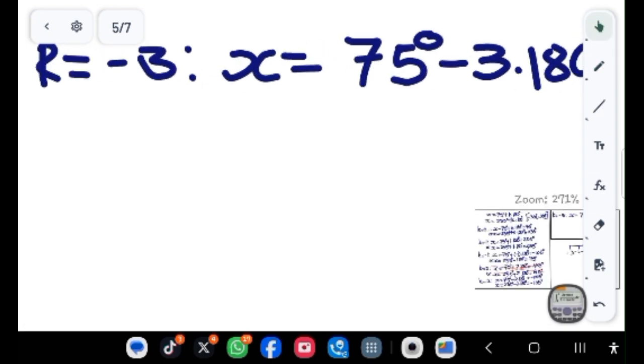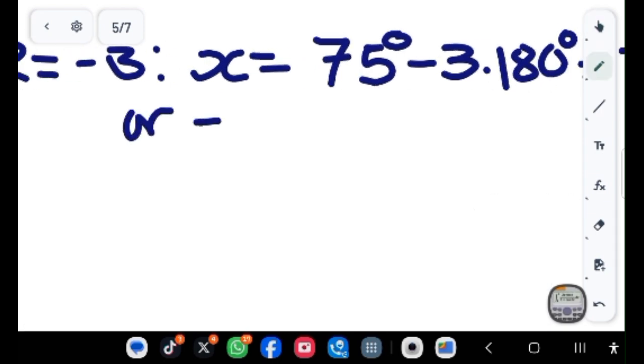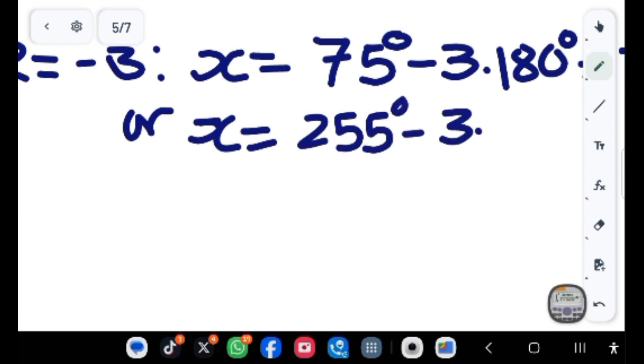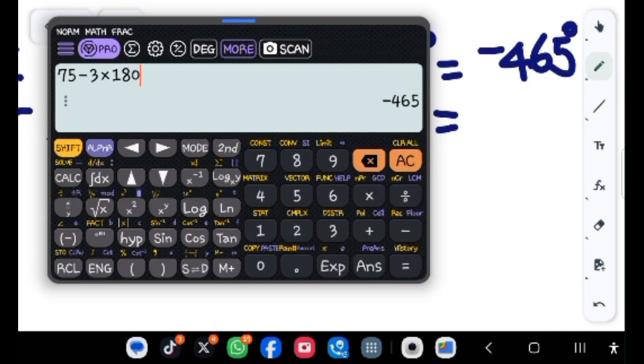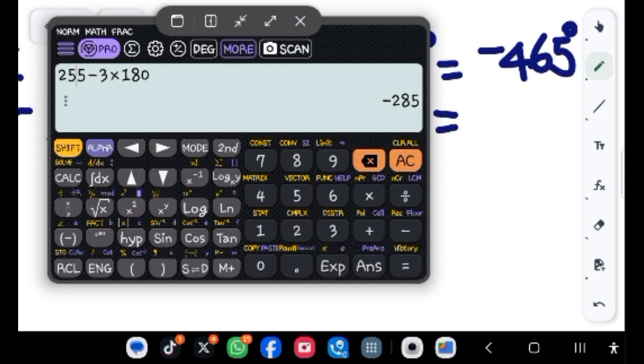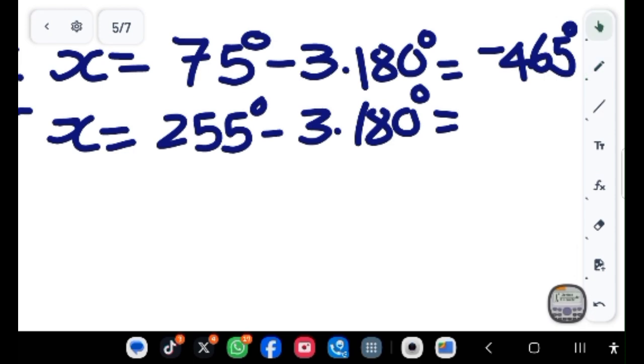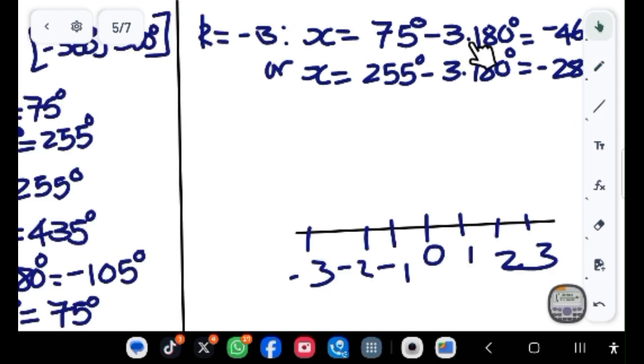And then for the other one, x equals 255 minus 3 times 180, which gives us -285. Only this one is outside the restriction.